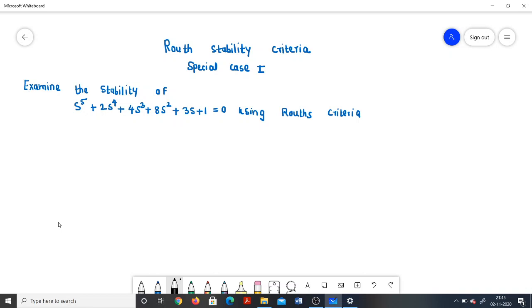As you can see in the equation, the highest degree is s raised to 5. So our Routh array will start from s raised to 5, then s raised to 4, s raised to 3, s raised to 2, then s raised to 1, and the last one will be s raised to 0.